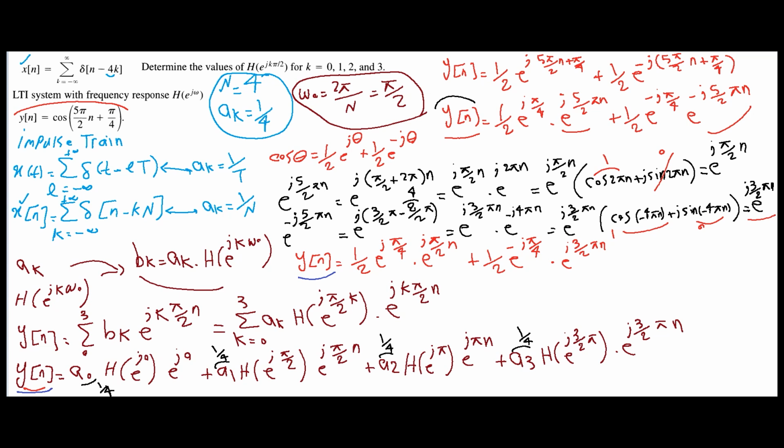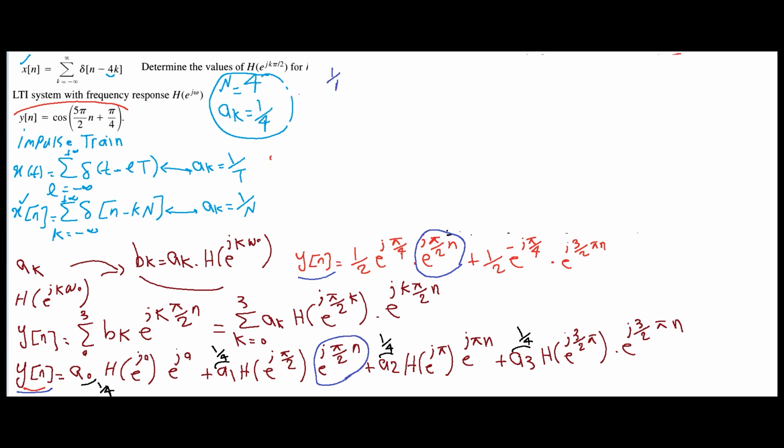The coefficient of e^{jπn/2} must satisfy 1/4 multiplied by H(e^{jπ/2}) equals 1/2 multiplied by e^{jπ/4}. Therefore, H(e^{jπ/2}) equals 2 multiplied by e^{jπ/4}.